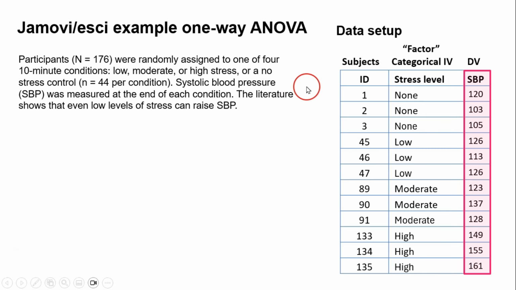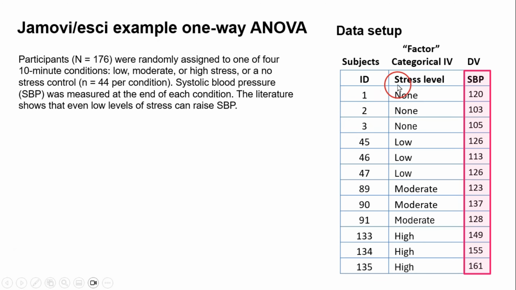So we have our subjects here in the first column, our factor or our categorical independent variable, and then the dependent variable. This is the way that most computer programs have you arrange your data in order to conduct a one-way analysis of variance.